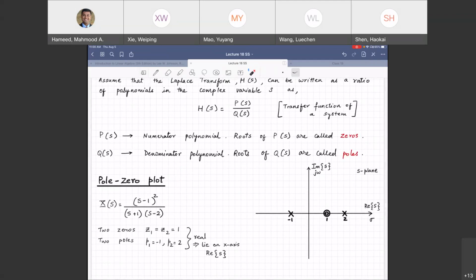Very simple. However, you will see that our next 2 or 3 lectures will have everything to do with those pole zero plots, because we are going to change certain aspects of our system. What is going to happen to the poles? Those are going to move around in the S-plane.